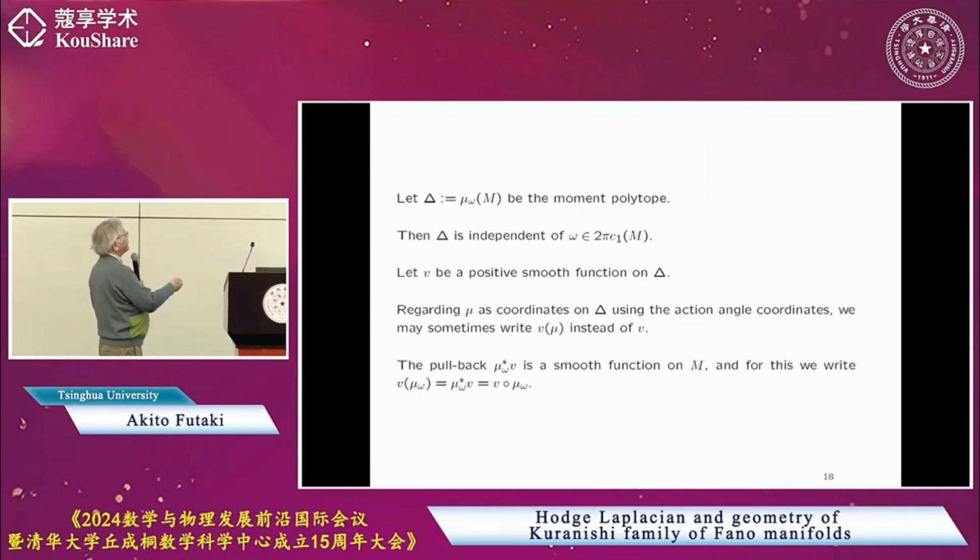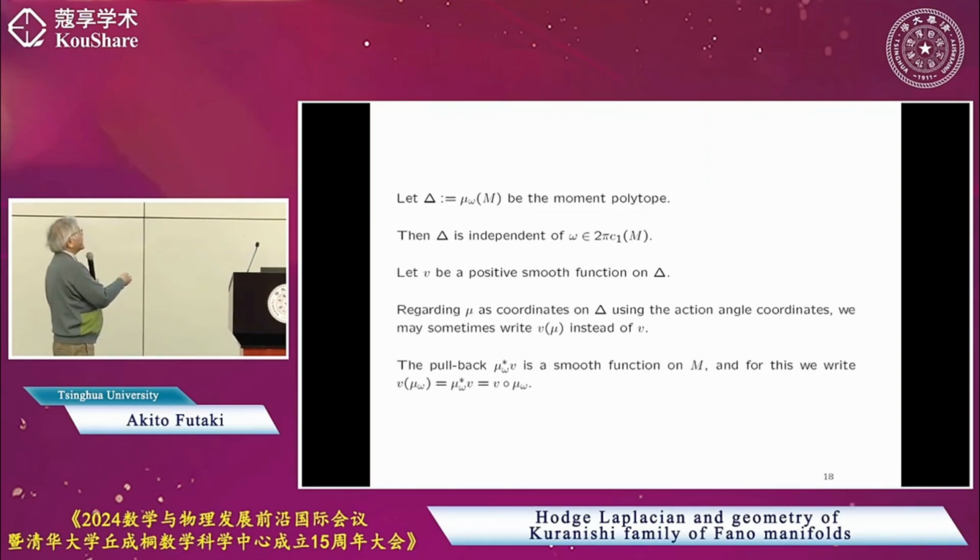So I write V of mu, but we can pull back this function by the moment map. Then this becomes a smooth function on M. And we write V of mu sub omega, which means the pullback of V by the moment map. So it's a composition with mu.